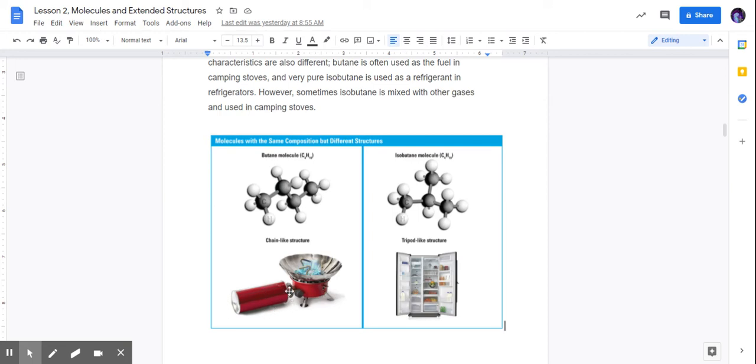This is a butane canister here. And then on this side, we have isobutane, and look at the chain here. It only goes 3 carbons in a row, and then it has a branch going off of it. So it roughly makes a triangle-shaped structure. And that is used for refrigerant.